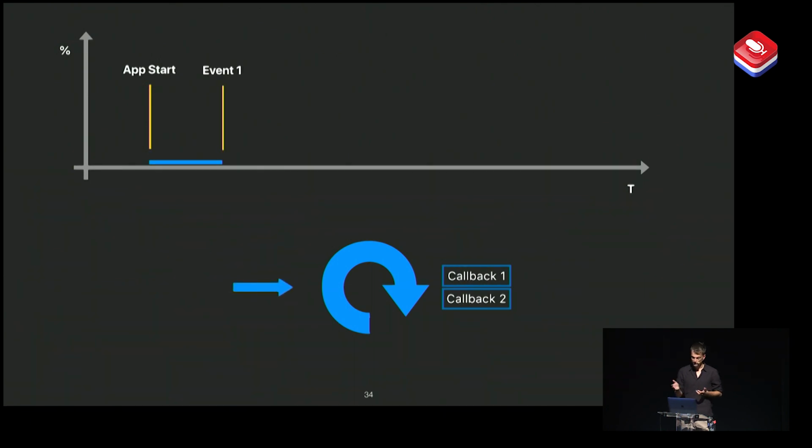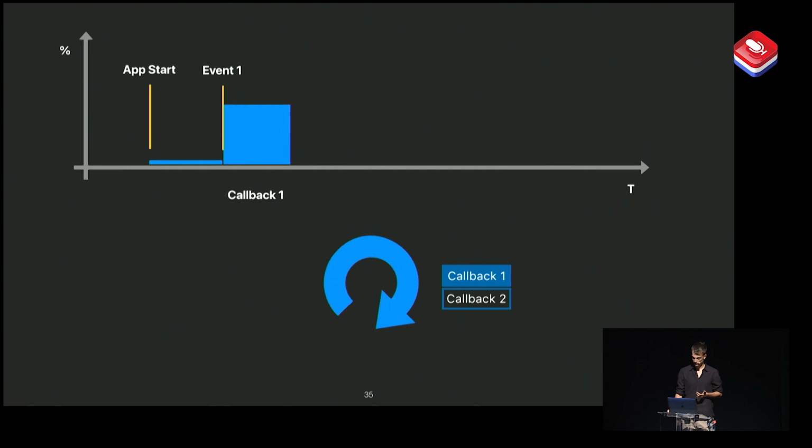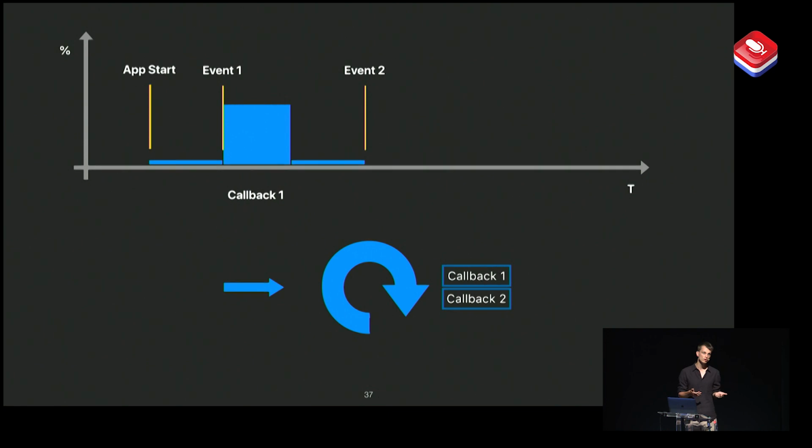Whenever an event arrives, the run loop wakes up the thread and executes the code associated to it. When it's done, the run loop puts the thread back to sleep. And you can attach as many events as you want to it. You can monitor as many events as you want.